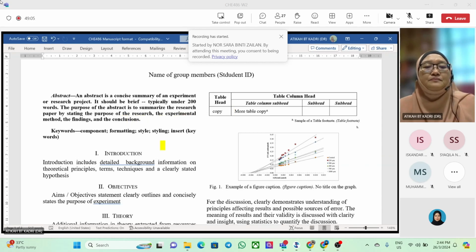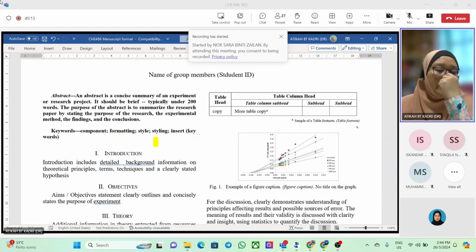Okay, and you also need to include the keywords. So in the keywords, you're going to write, for example, let's say you're doing an experiment on film boiling condensation. So one of your keywords is probably going to be condensation. You're going to come up with a few keywords. You don't need to write the whole stretch. Probably a maximum of 4 keywords would be sufficient.